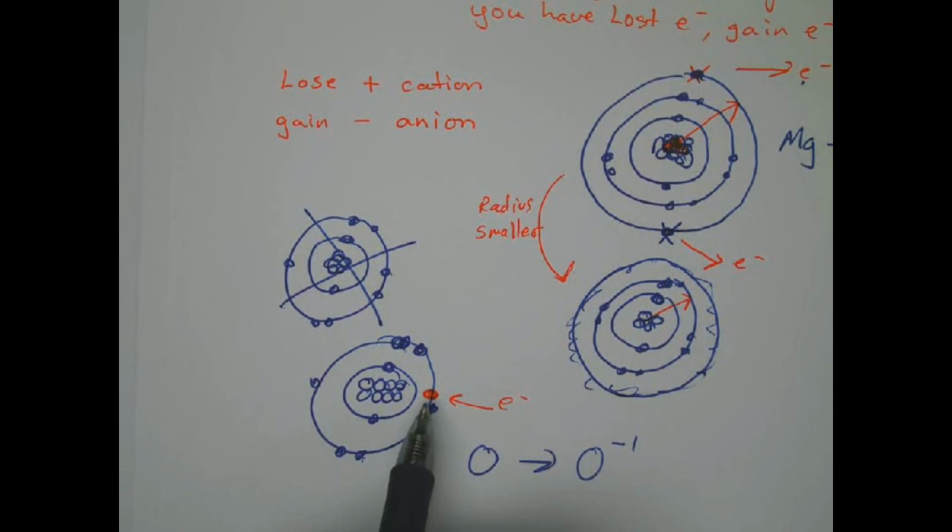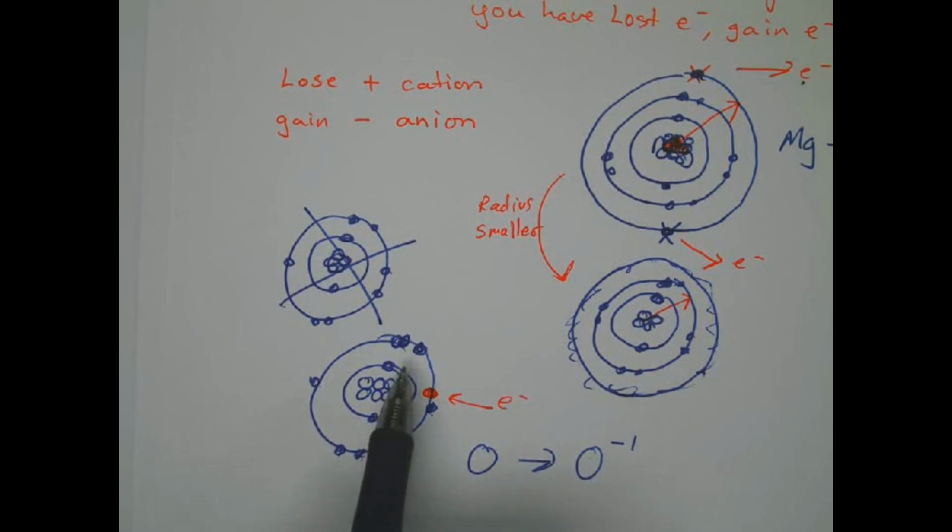Well, where does it get that pull force energy from? Well, it has to take a little bit from all these guys to be able to hold on to him. So what's happening is the protons are redistributing this pull force, so everybody's getting pulled just a little less so that this new electron can be held onto. So if you get held onto a little less, what happens to your radius?